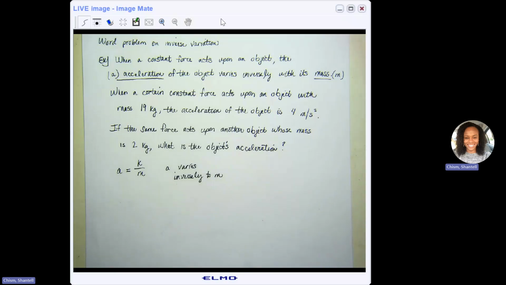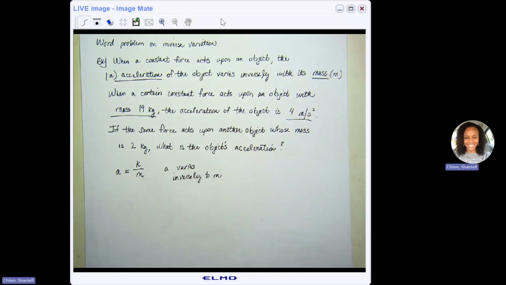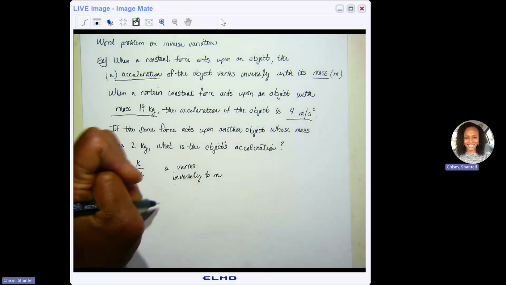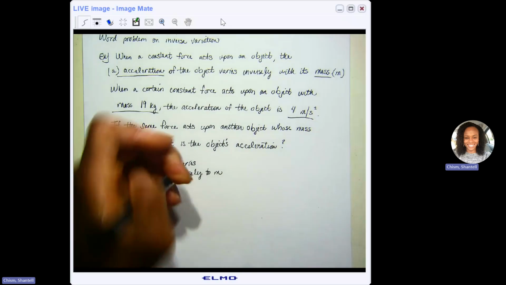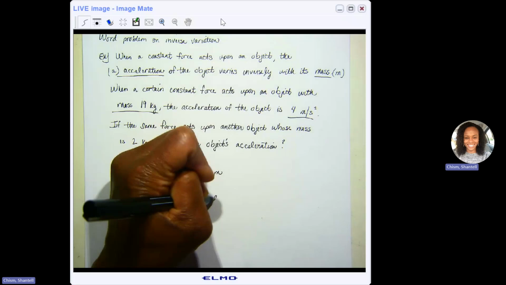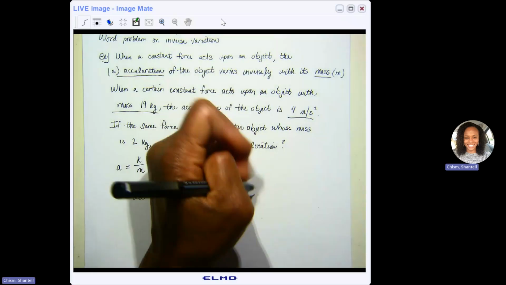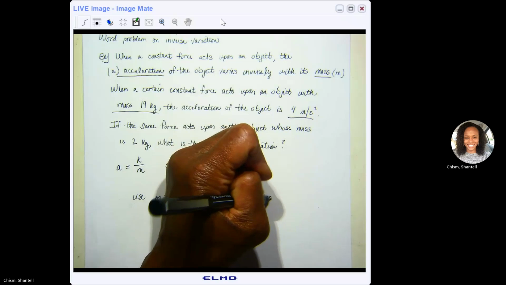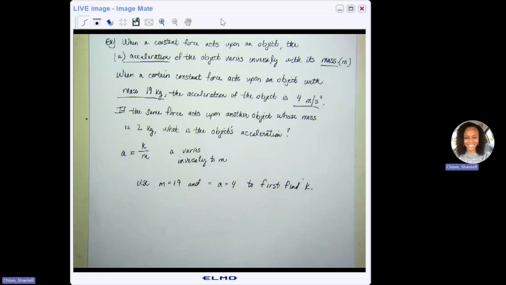So the first thing we're going to use is that we're given that an object with a mass of 19 kilograms has an acceleration of 4. Use m equals 19, that's the mass, and a equals 4, that's the acceleration of that object, to first find k. Because remember, we've got to find our arbitrary constant.